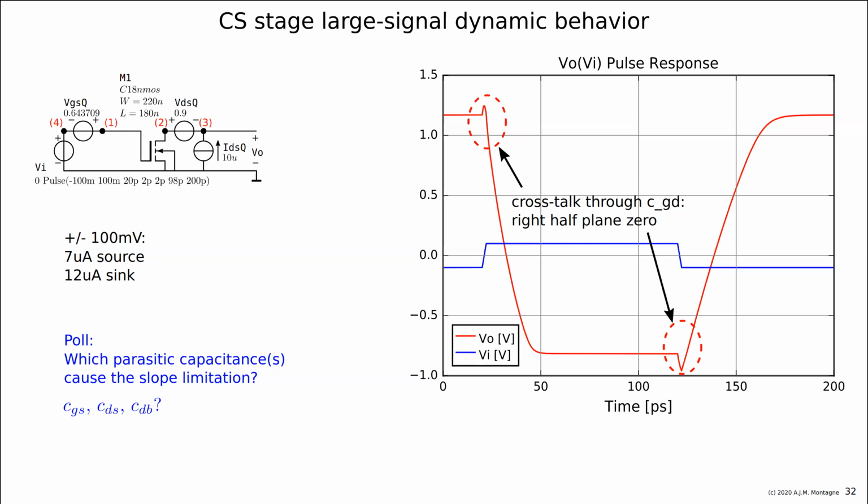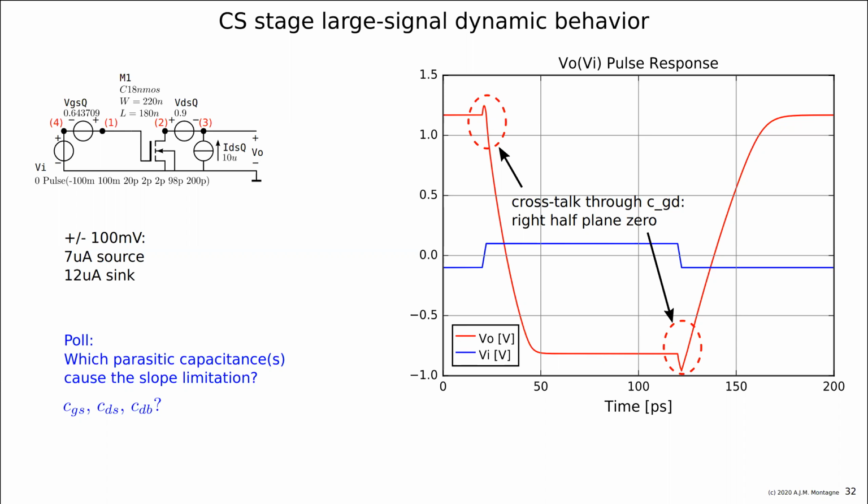But the gate source capacitance is basically in parallel with two voltage sources. So a capacitor in parallel with two voltage sources is a pole at infinity we don't count. It's not a pole, it's not a free state of the capacitor voltage. So the gate source has no influence at all on the step response. Of course, we don't assume a gate resistance. We use a simple model here.